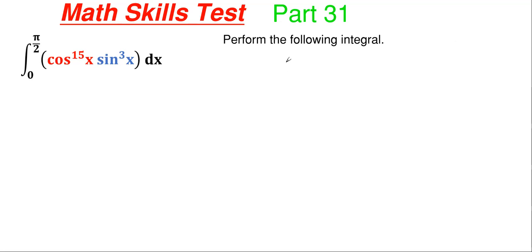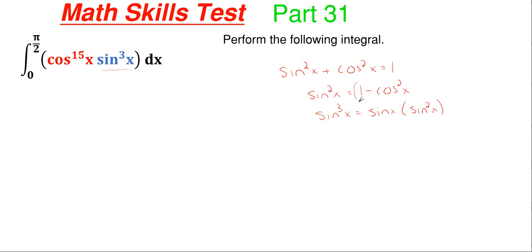So what I'm going to do is start with a trig identity: sine squared of x plus cosine squared of x is equal to 1. I'm going to rewrite that as sine squared x is equal to 1 minus cosine squared of x. Well, let's work with the sine cubed portion. Sine cubed of x is essentially just sine x multiplied by sine squared of x.